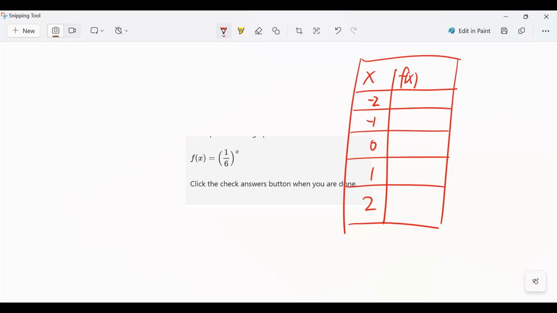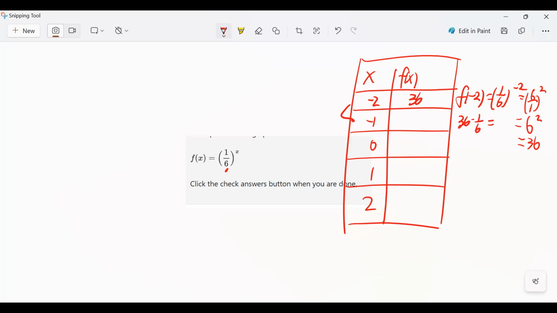Okay, let's go over the solution. First one, f of -2. It's going to be 1/6 to the -2. So flip the 1/6, it becomes 6/1, and that's 6 squared, 36. And again, another way of looking at the next value: because the base is 1/6, when x increases by 1 unit, the next number becomes 36 times 1/6.